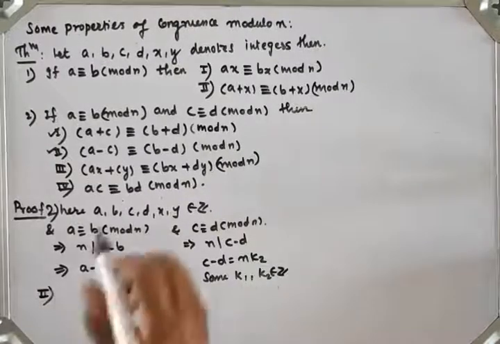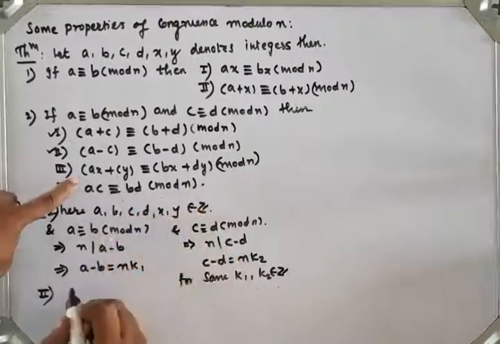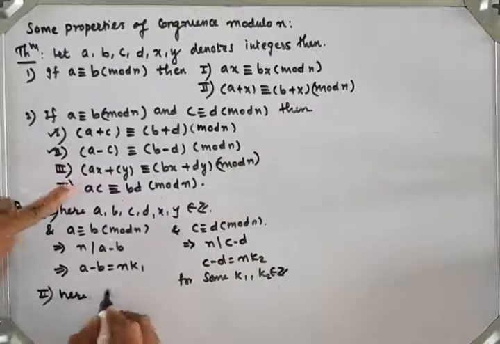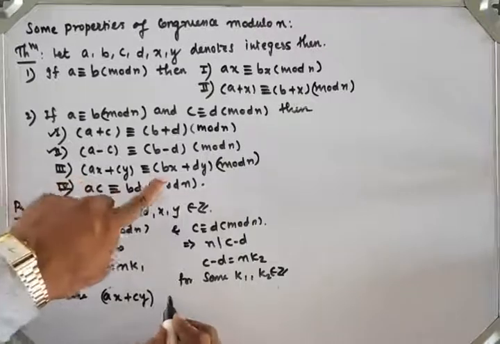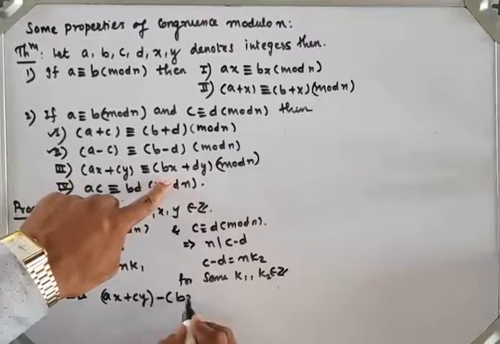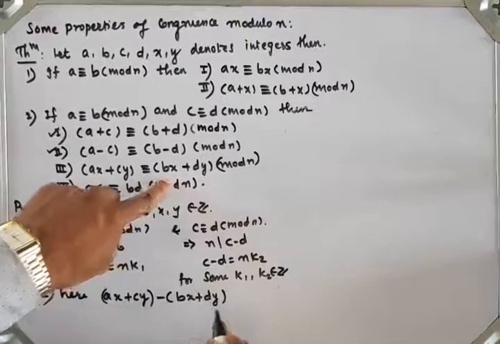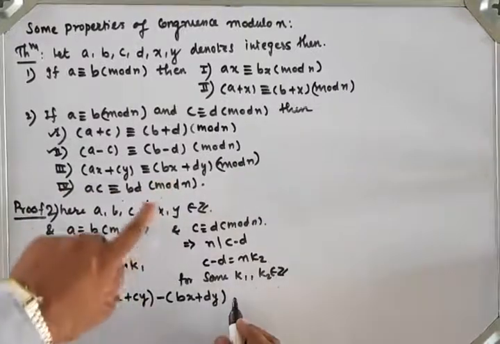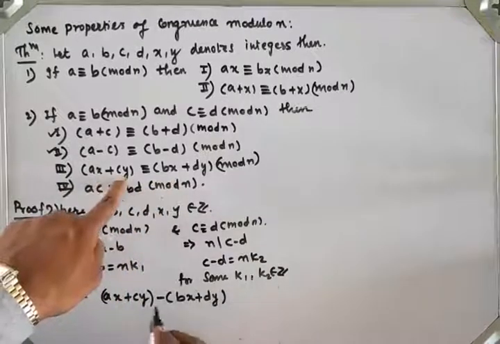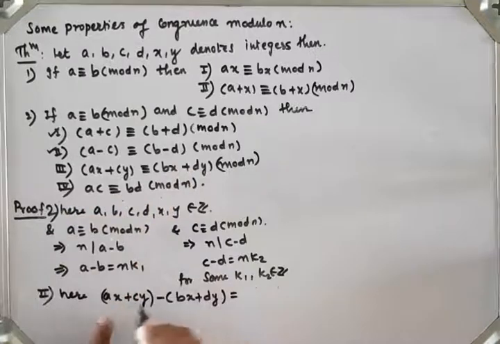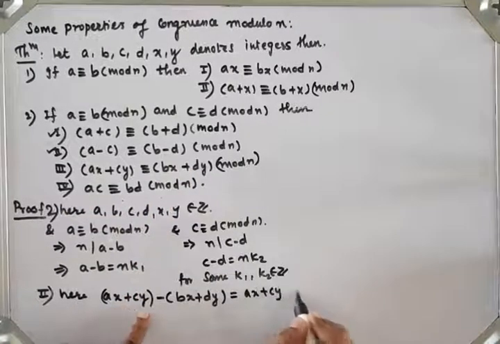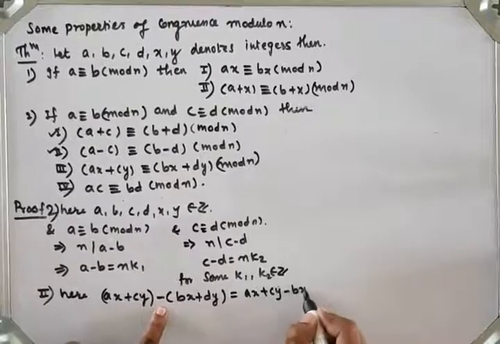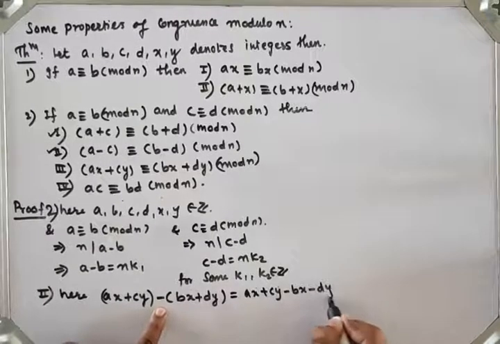Let's consider the third. So I write ax plus cy minus bx plus dy. We have to prove this. So ax plus cy, left hand side, minus right hand side, which is equal to ax plus cy minus bx minus dy.